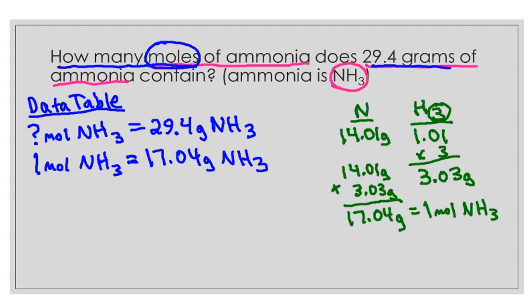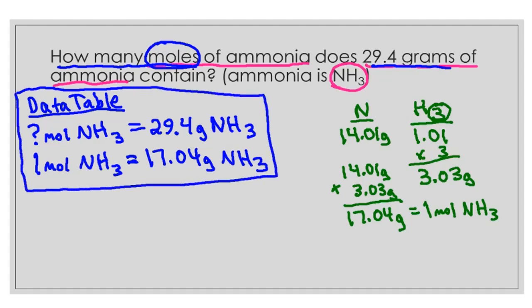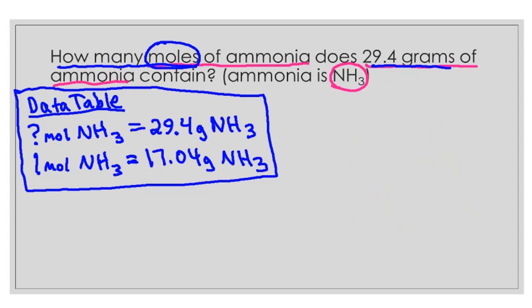Okay, so now we have our data table set up, and we can proceed to dimensional analysis to find out this answer. Okay, so let's set this up. Now remember, when you're setting up your dimensional analysis, you always start with the line with the question mark in it, the how many. So how many moles of NH3 is in 29.4 grams of NH3?